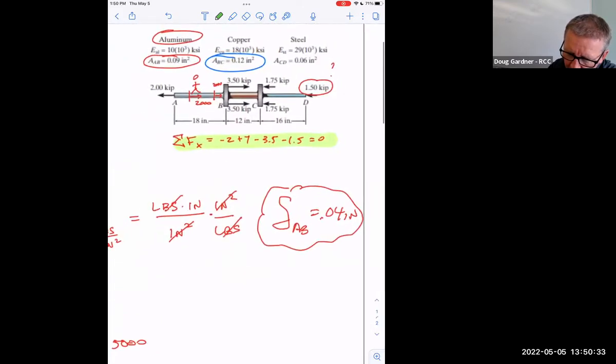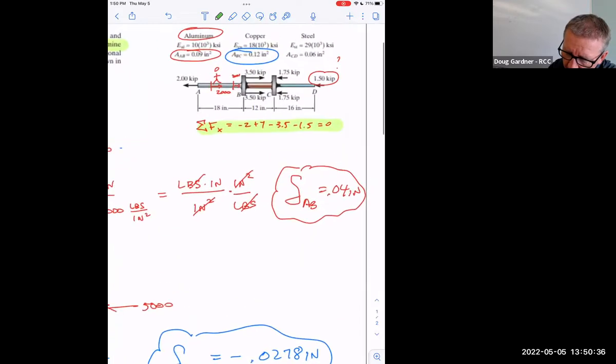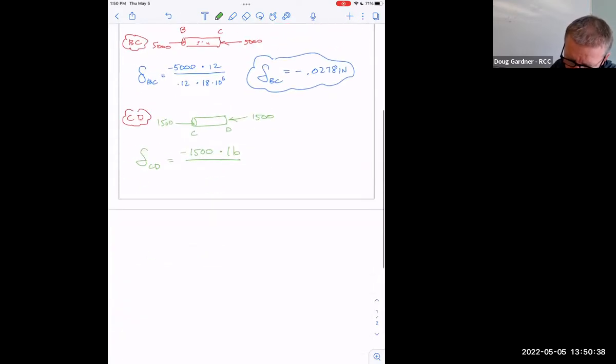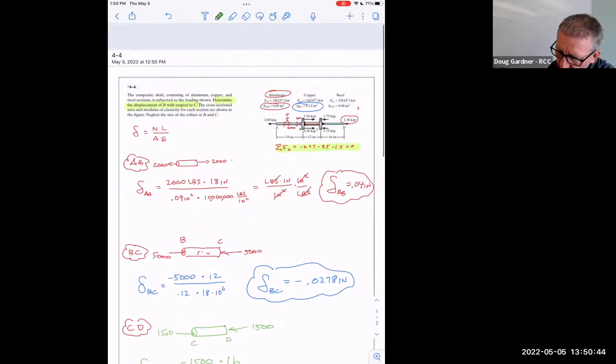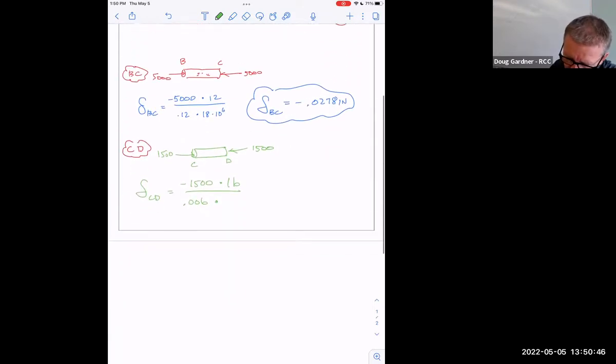They told me, ooh, tiny, 0.006. And its E value is 29 times 10 to the 6th. So that delta value, because I punched this in already, is negative 0.0138.